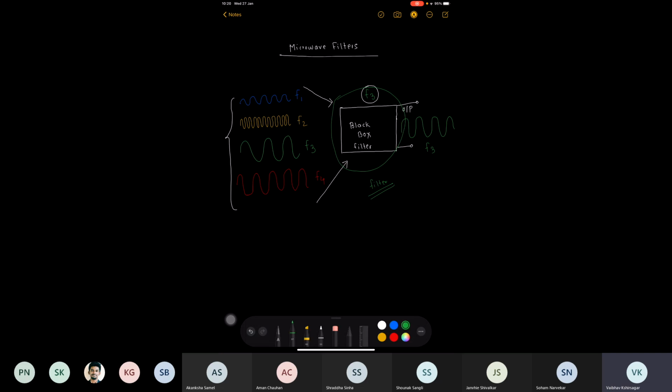The design of the filter is based on what particular frequency it is looking for. So ideally we should get only that particular frequency component at the output.